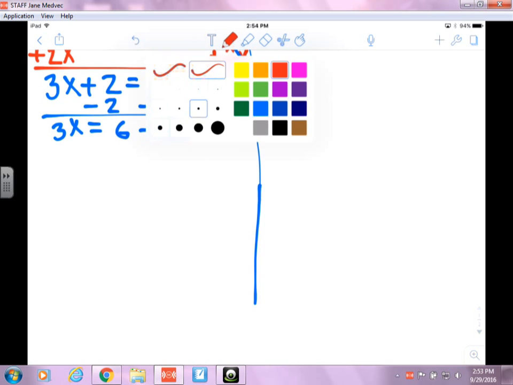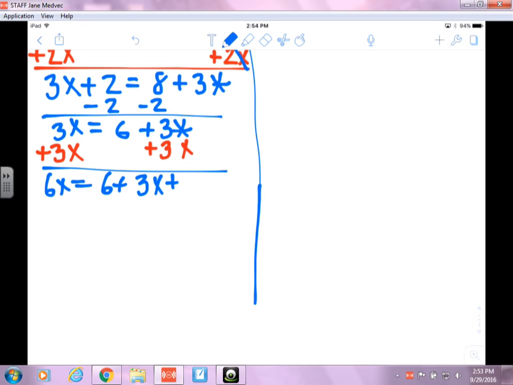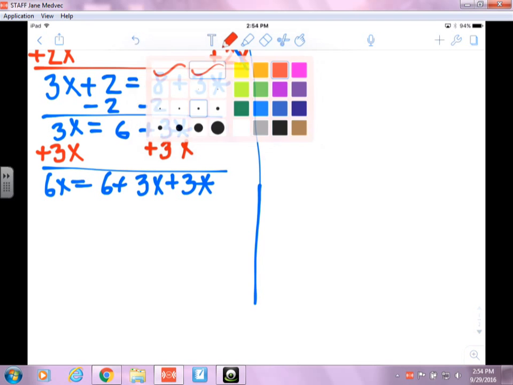I'm going to do it in red, I think it makes it a little bit easier. Add 3x, add 3x. So I get 6x equals 6 plus 3x plus 3 star. Now one person asked me, Mrs. Medvig, do I have to put the 3x and the 3 star there? Yes, you do, because I want you to subtract each one of those.